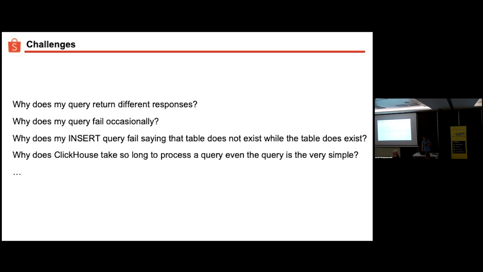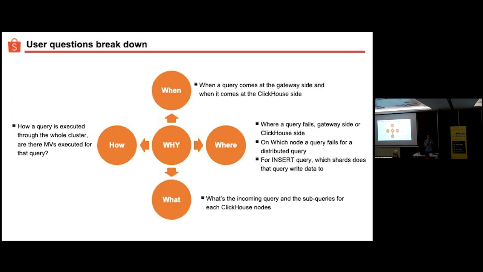For example, if the problem is a latency problem, we have to know when the query comes up at our ClickHouse gateway side, and when the gateway issued the query to our ClickHouse cluster side, and when the subquery arrives at the ClickHouse replica.